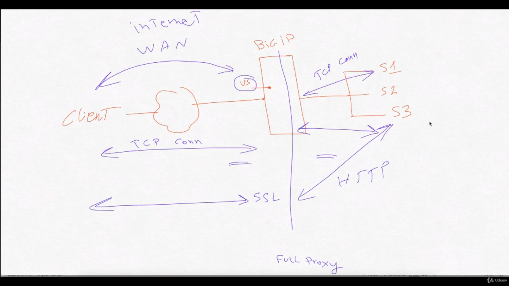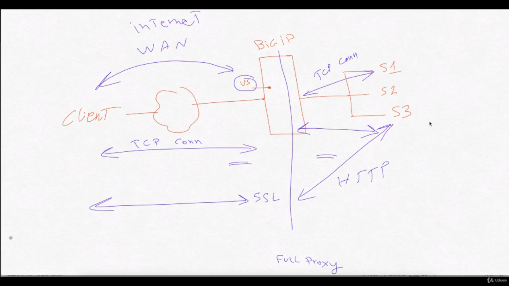So maybe within the data center, you don't want to encrypt. Maybe you have an IPS here that you wanted to see clear text, for example. Still you can encrypt between the Big IP and the server. So you have client-side profile encryption and you have server-side encryption as well.